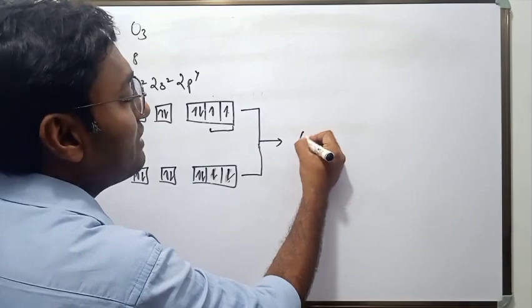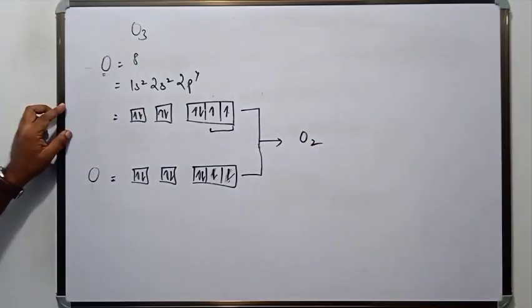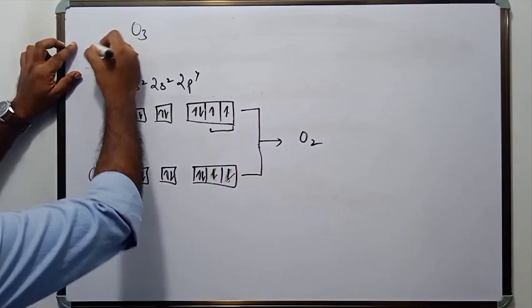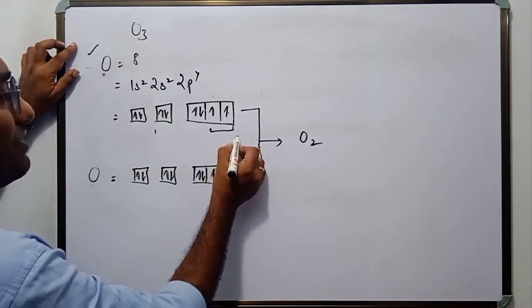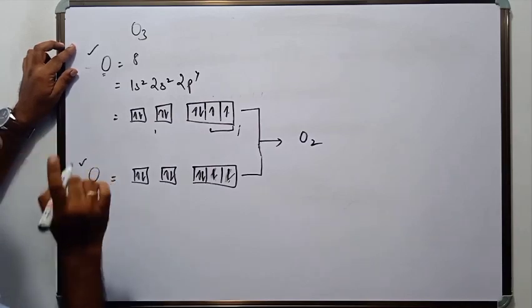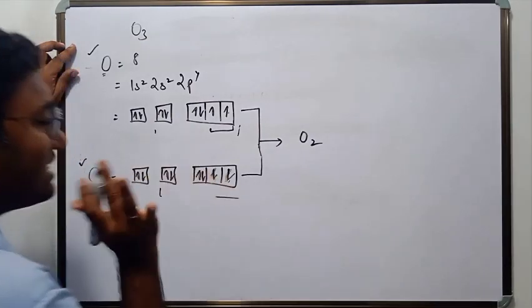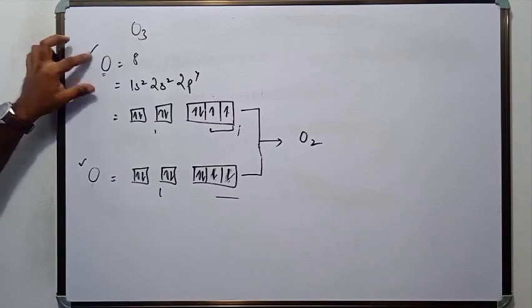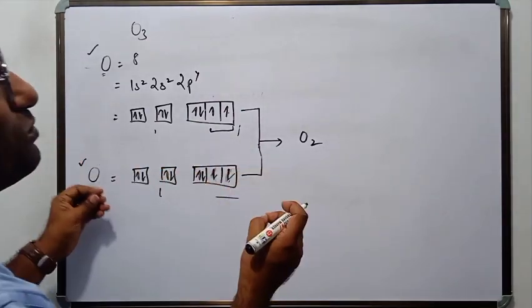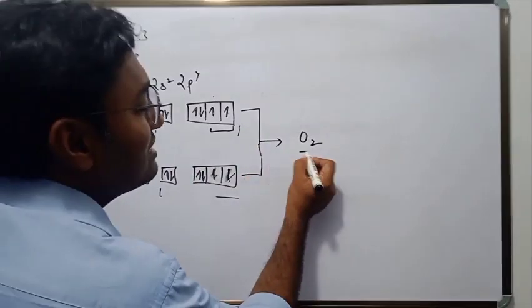In this way they become an oxygen molecule, and this oxygen reaches its octet configuration in the outermost shell. Similarly, this oxygen also reaches its octet in the outermost shell. Both oxygen atoms reach the octet configuration, so they are stable as a molecule.